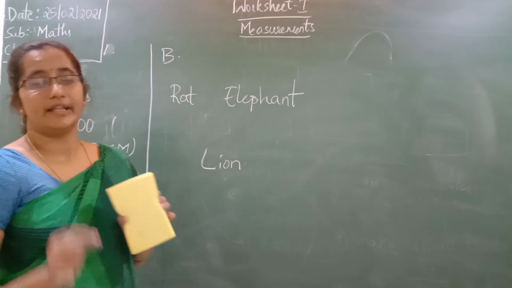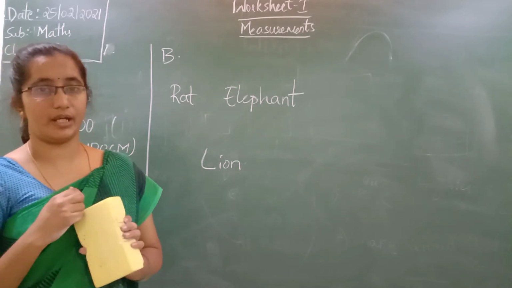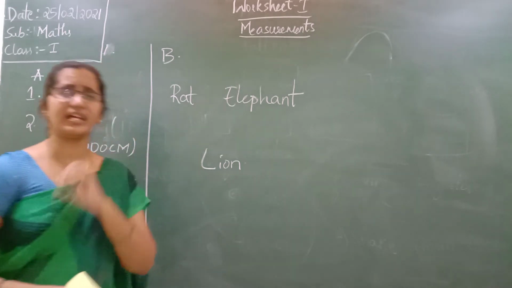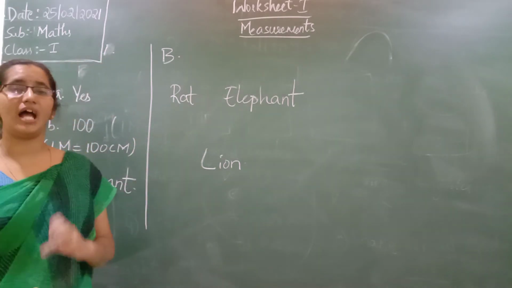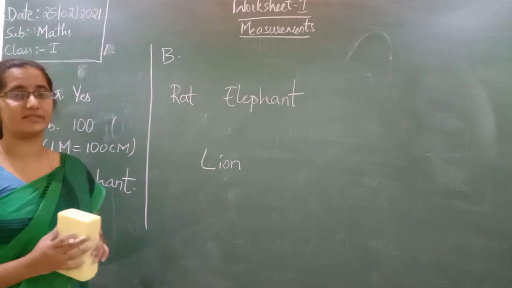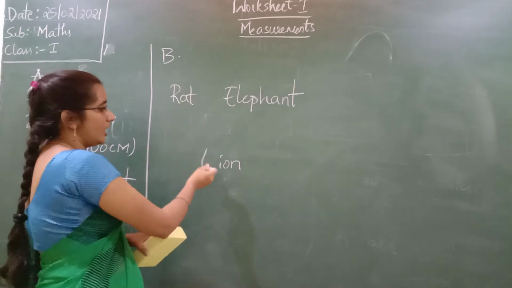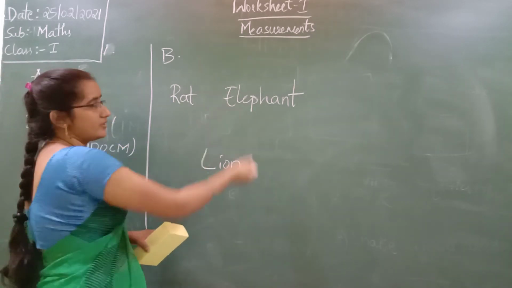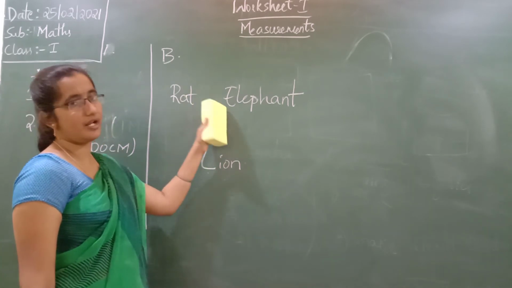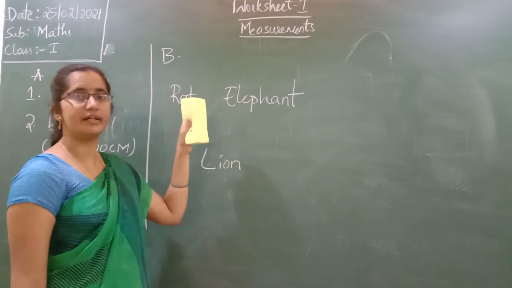They said circle the lightest animal. Lightest animal means having the lesser weight among these 3. Which has less weight? Rat. Lion is bigger than the rat and the elephant is also bigger than the rat.